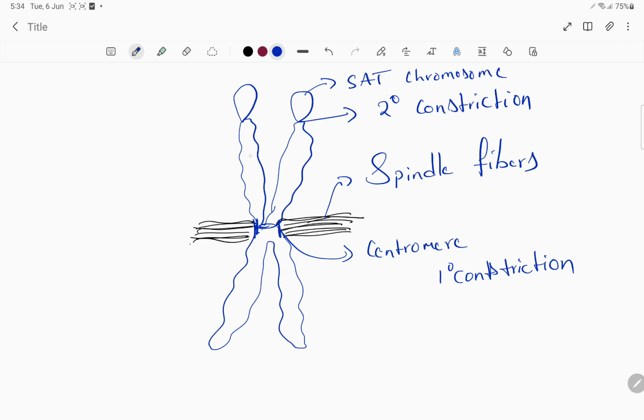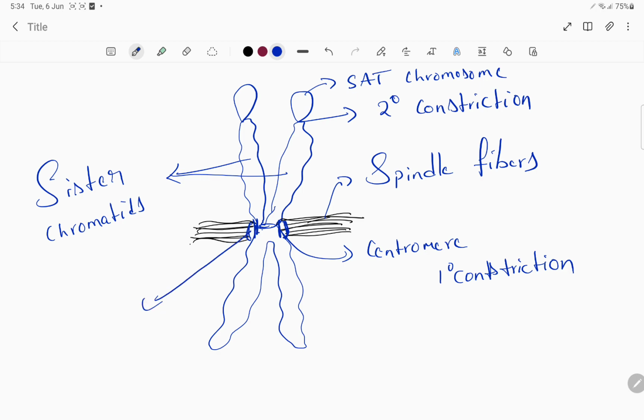The relationship between these two are sister chromatids. And here we have a proteinaceous extension called the kinetochore.